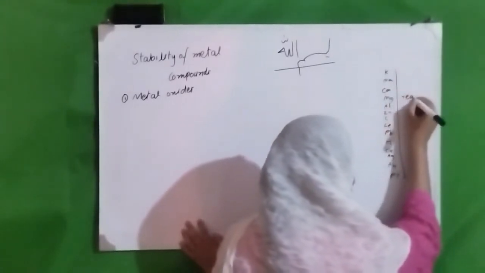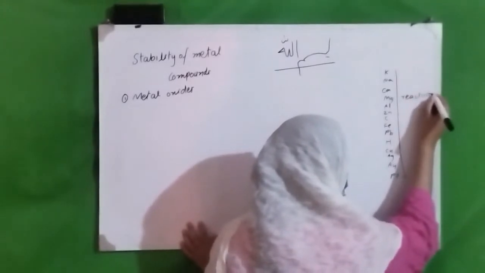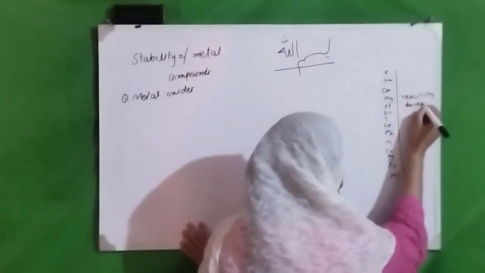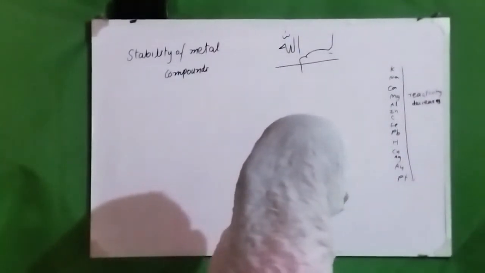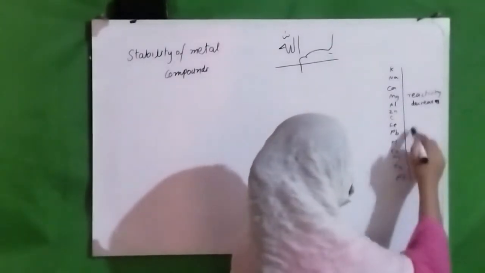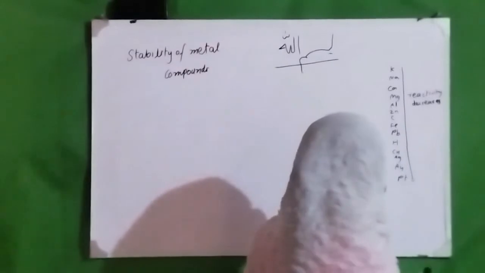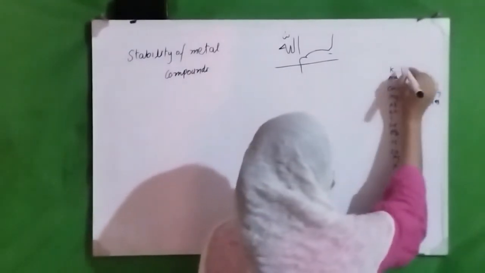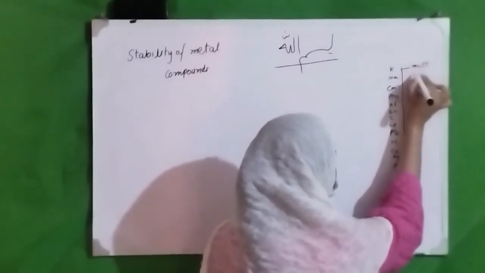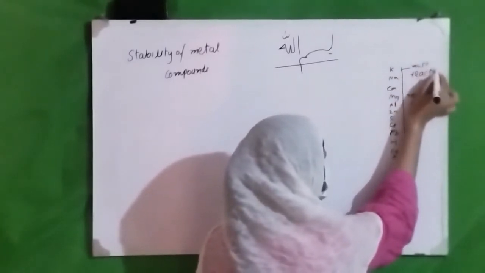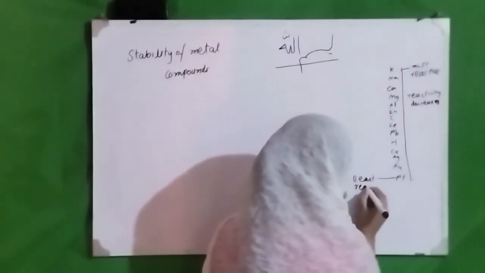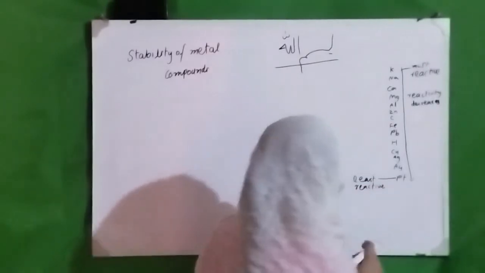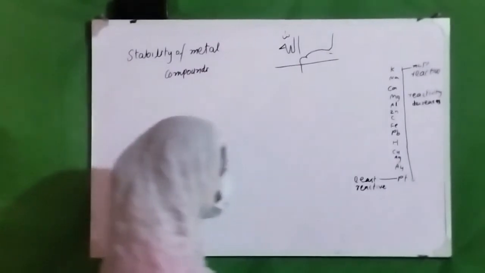Reactivity decreases downwards, which means that potassium is the most reactive and platinum is the least reactive metal. However, cesium is the most active metal in the periodic table, but in our syllabus this is the series.